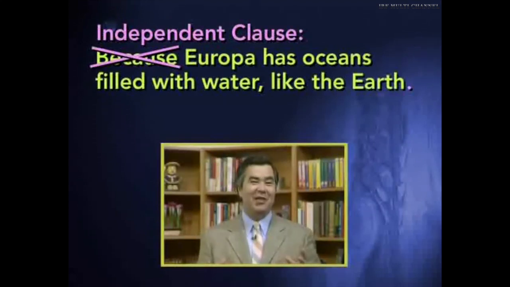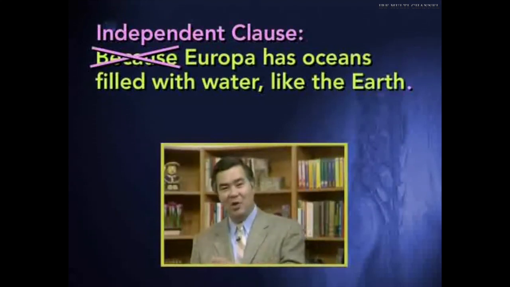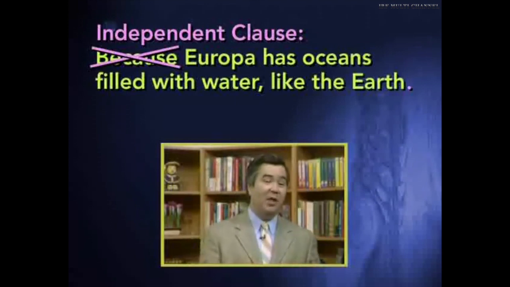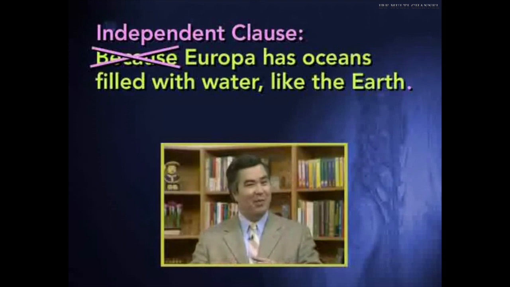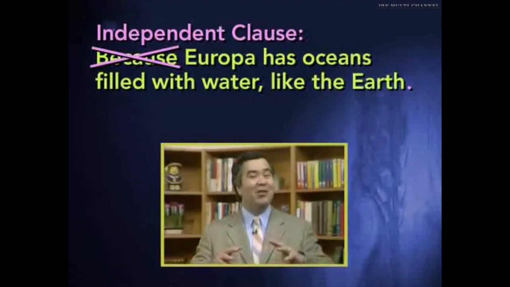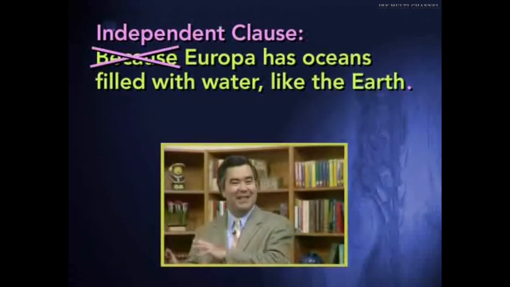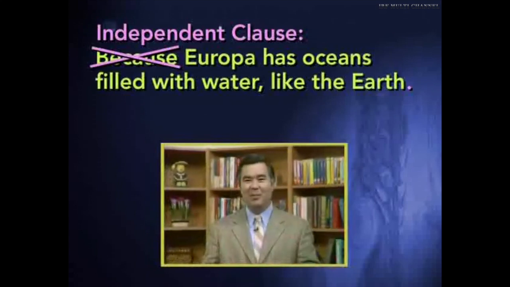Now that sounds like a complete thought. But when you put the subordinating conjunction because in front of it, it makes the clause less important. It makes it feel as though it needs to be attached to something else in order to express a complete thought. So this is the second type of clause. An independent clause can stand alone as a sentence. A subordinate clause cannot. And a subordinate clause usually begins with a subordinating conjunction.